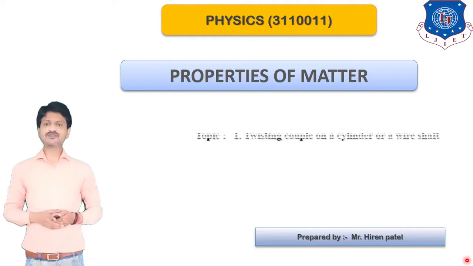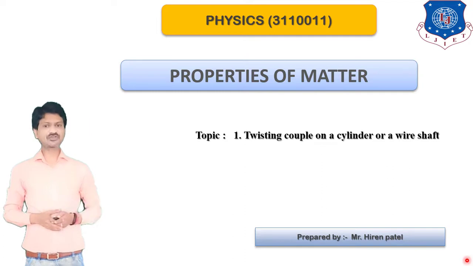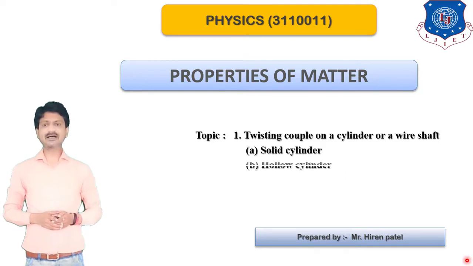Now, in this video, we are going to study the twisting couple of a cylinder or wire shaft for two different cases. The first case is a solid cylinder and the second one is a hollow cylinder.